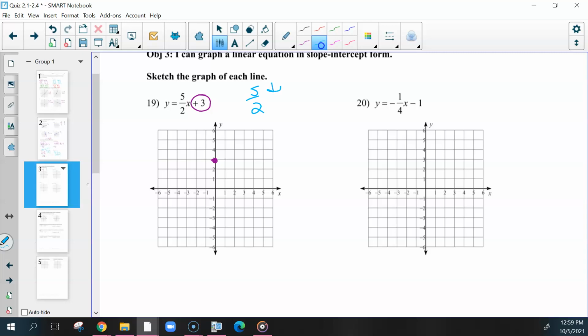So instead, I'm going to go down 5. Because this is positive, I also have to go to the left so that the negative over negative still makes that positive. If you could go down again, do that. In this case, we've run off the graph. And then we can connect those 2 points.